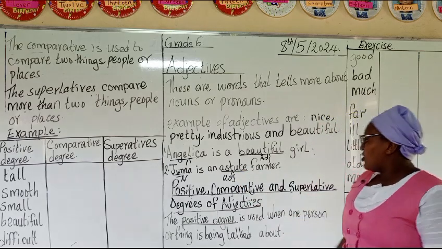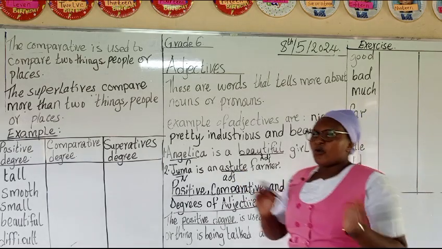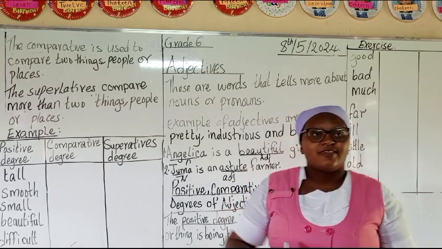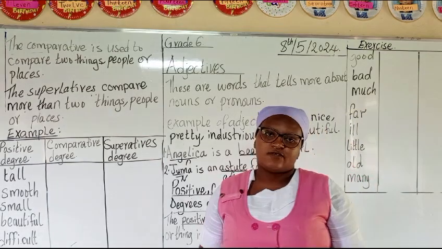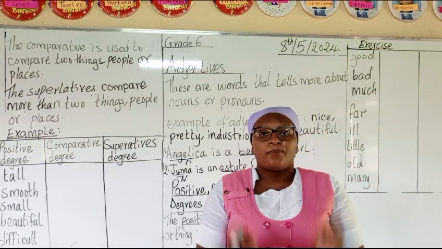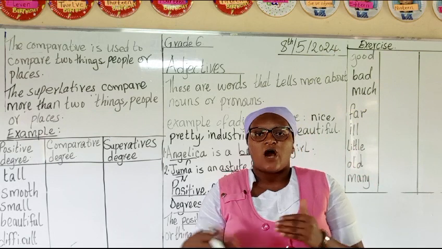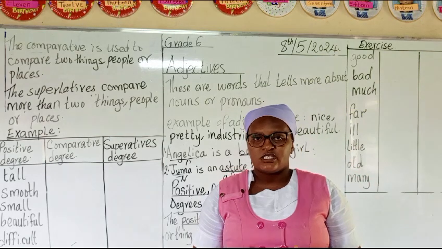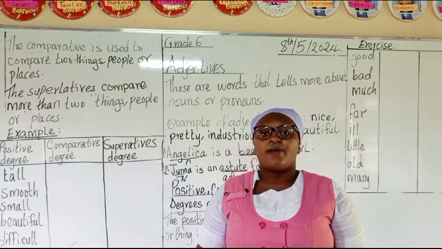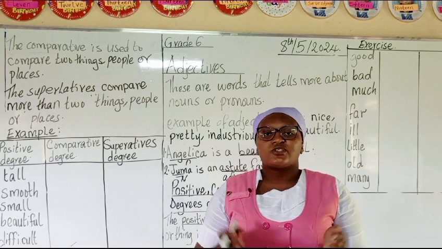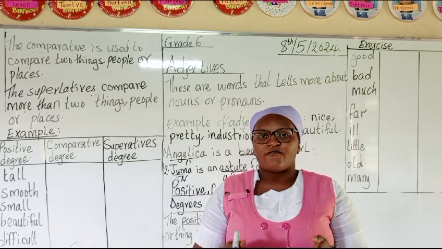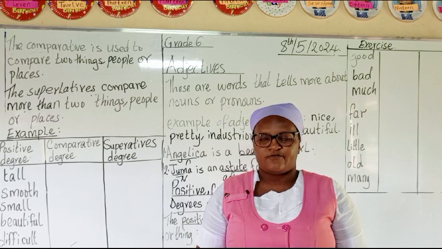Having said that, when we are talking of adjectives, there is how we form the adjectives, depending on how many nouns we are talking about. For instance, when you are talking about one noun, the form of that adjective is known as positive.